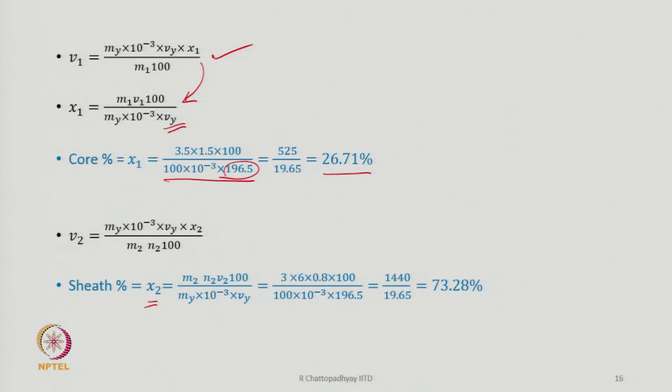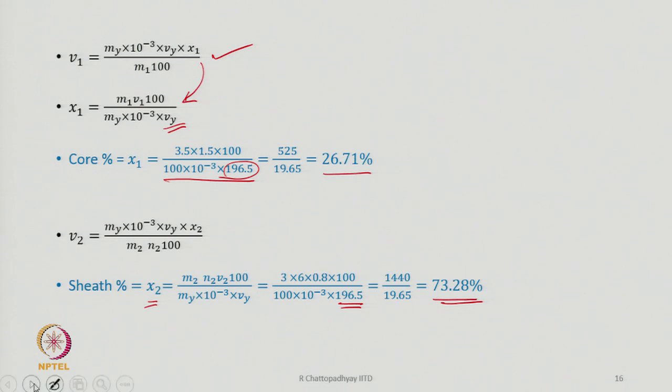Whatever value of Vy you have found out, the same value we are putting here, that is 196.5, the delivery rate, and we get a figure now 73.28. That means our core will be 26.7% and sheath will be roughly 73.3%, approximately.